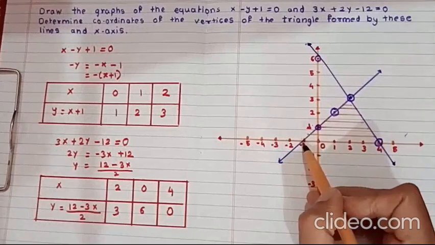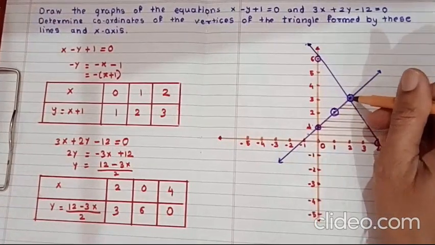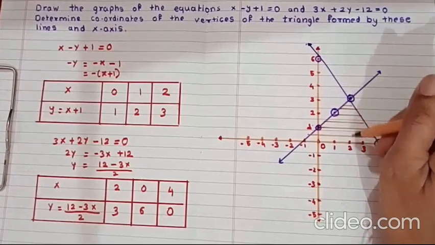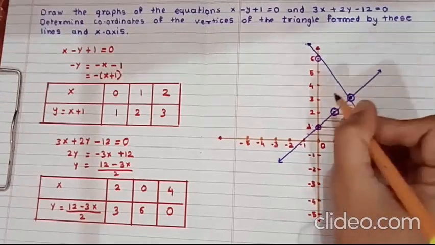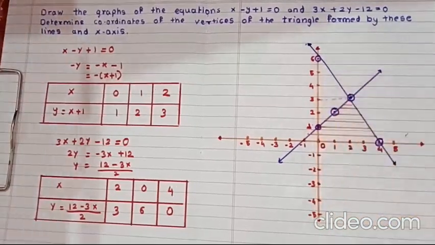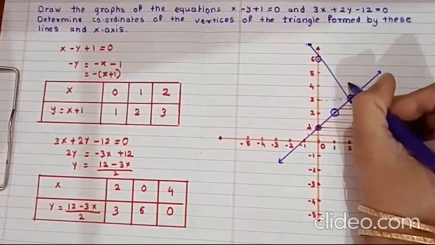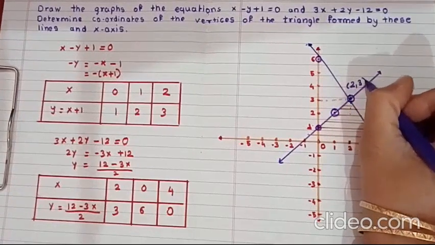And what are the vertices? As you know, this is a vertex of the triangle, that is x 2, y 3. So this will be 2, 3.